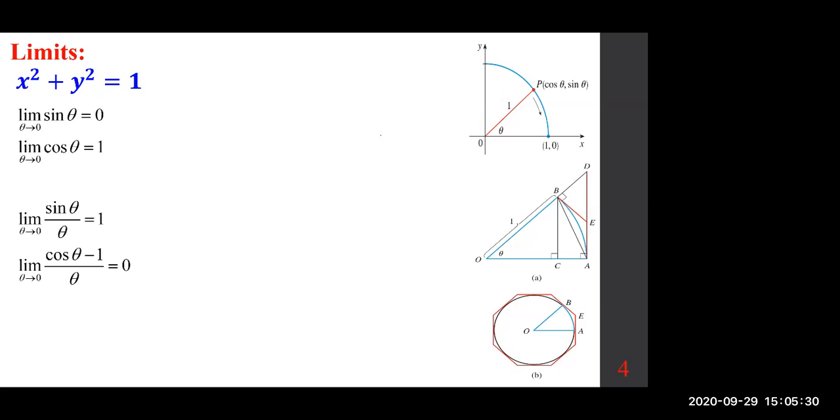Now, what happens with the unit circle? Let me give you the synopsis of the proof and then we look at it with more details. So first, the unit circle. Now, if you look at this portion of it, this is theta. OB is the radius and it's equal to 1. OA is the radius and it's equal to 1. And AB is the arc opposite the theta.